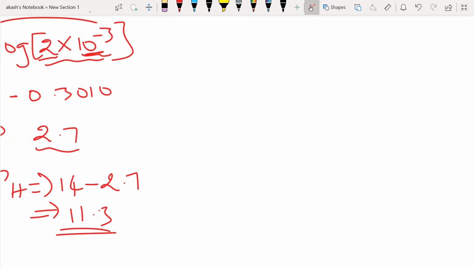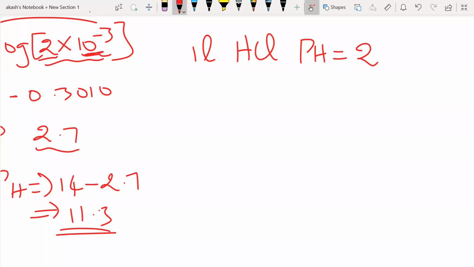So they have given me 1 liter of HCl with pH of 1. Sorry, I first said pH of 2, but it is pH of 1.